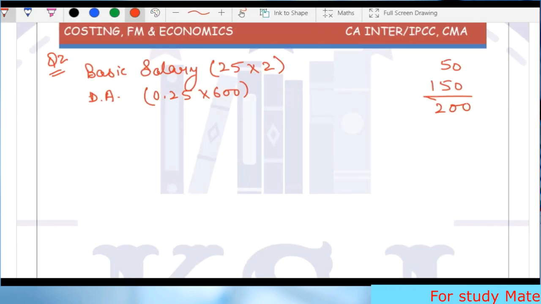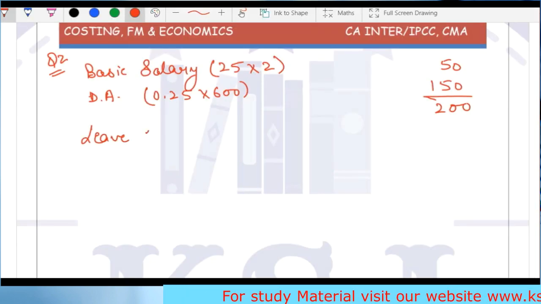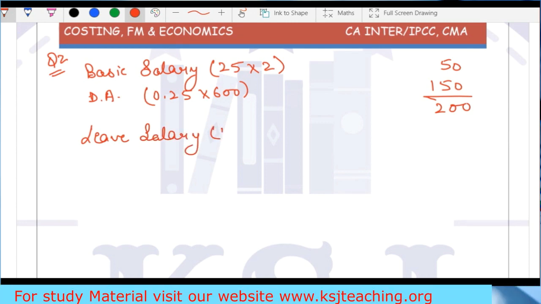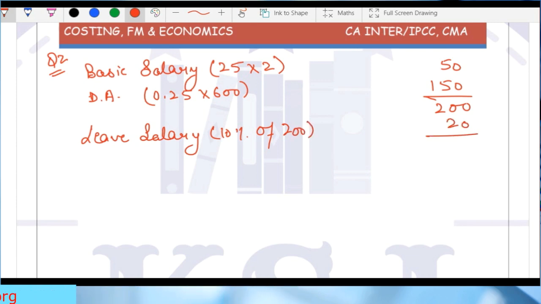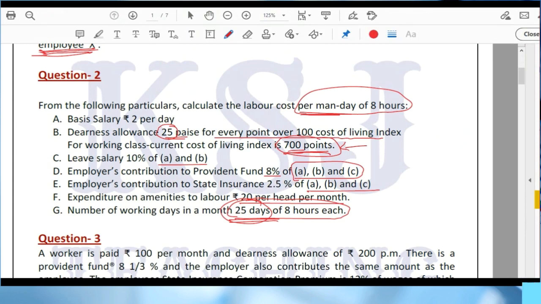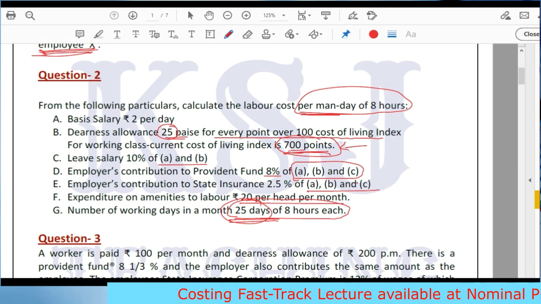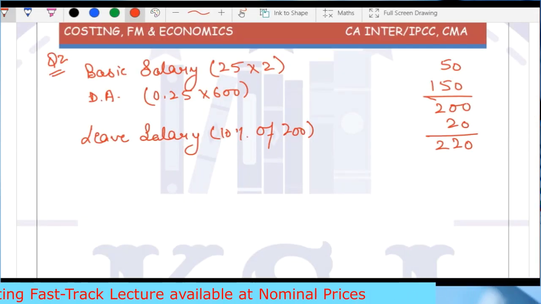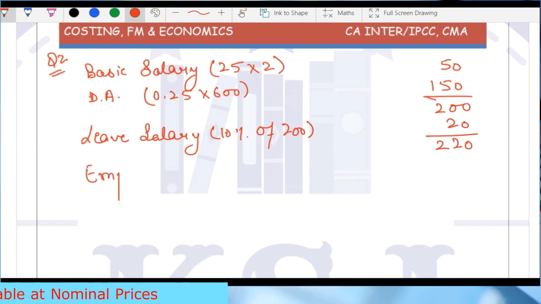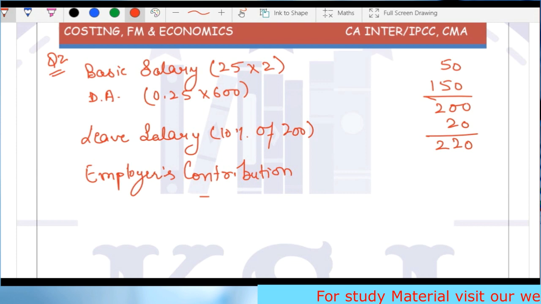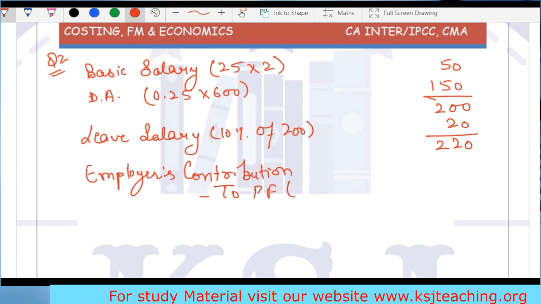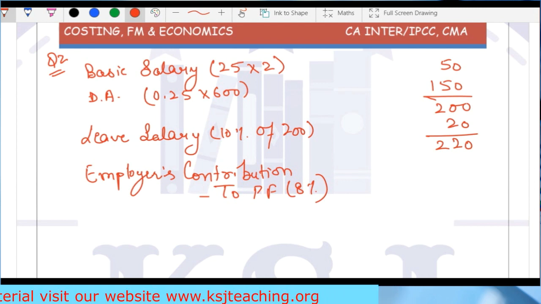Then the third thing, leave salary 10% of A and B. Leave salary is 10% of 200, that is 20. So this is 220. Next, employer's contribution to provident fund 8% of A, B and C. Employer's contribution to PF is 8%. 8% of what? 8% of 220.